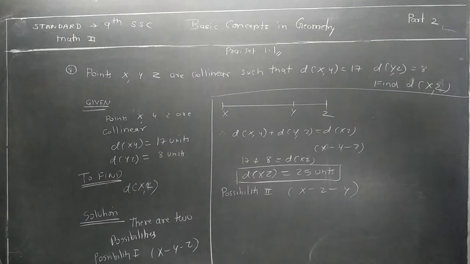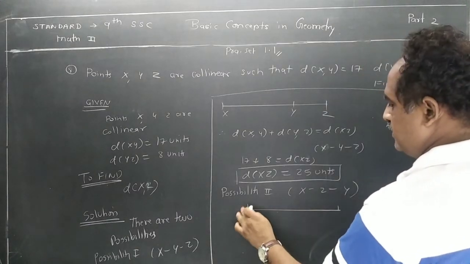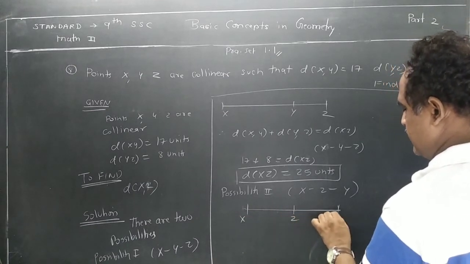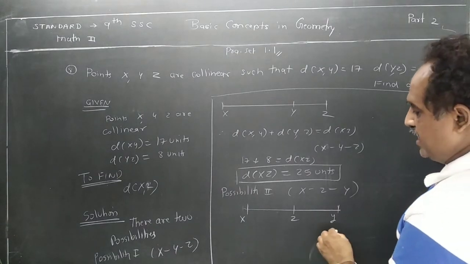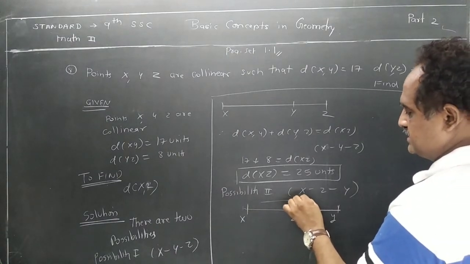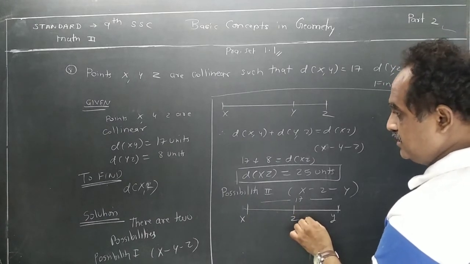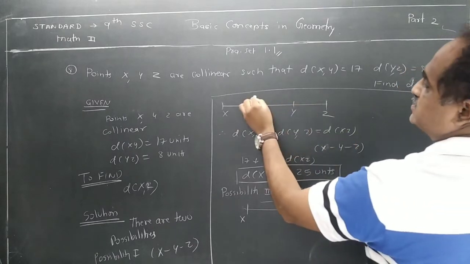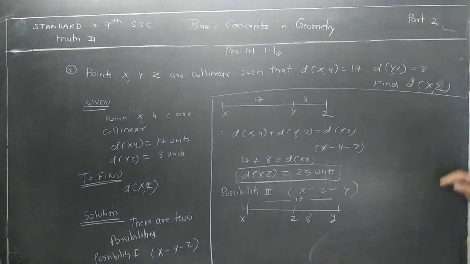So if I draw a figure it will be like this: X, Z and Y. Is it right? The value of XY is 17 and YZ is 8. Here also you can put the value. XY is 17, YZ is 8. So that is possible.